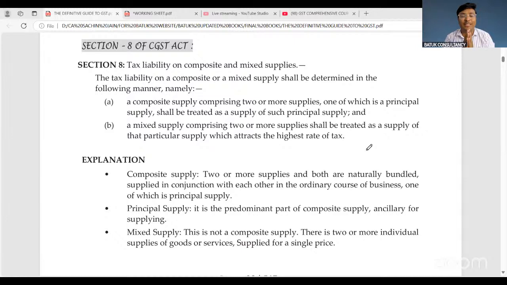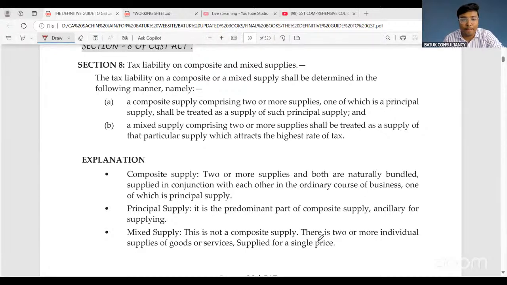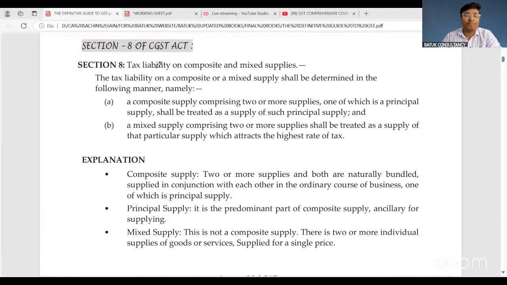Let's start our discussion on this day number 7 of GST comprehensive course. Till now, we have covered the specific term that is supply. Supply includes sale, exchange, barter, transfer, lease, rental, disposal, agreed to be disposal for a consideration in the course or furtherance of business.